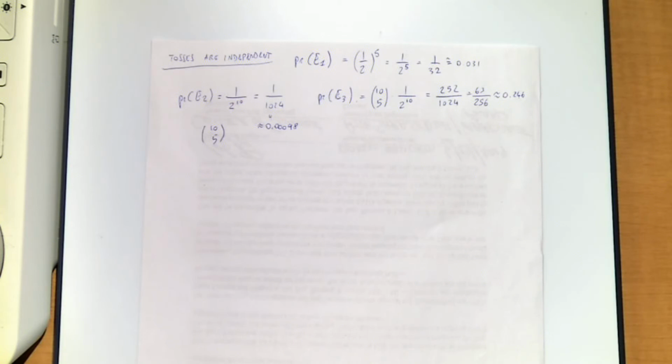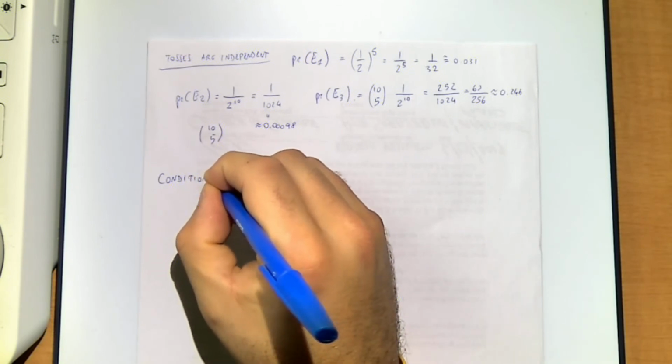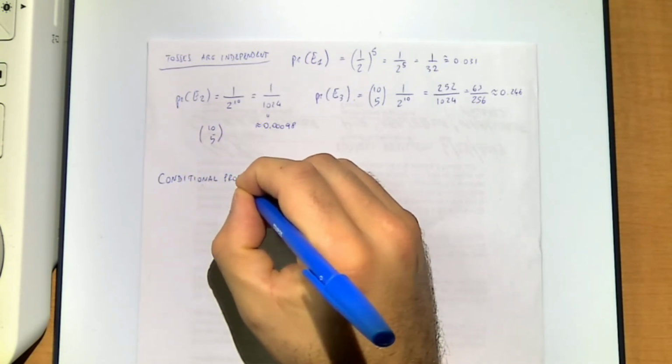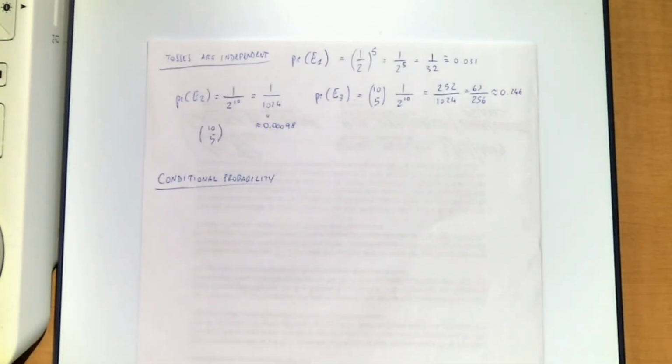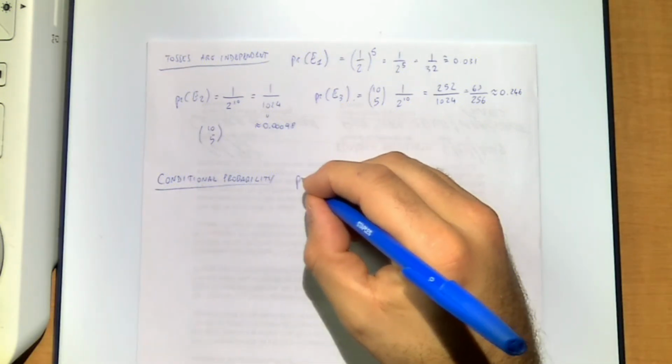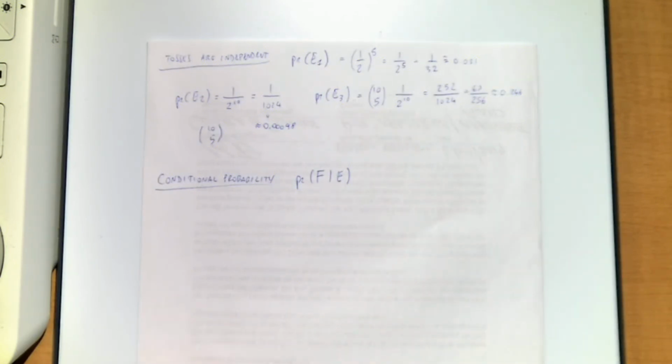And so what we were saying about F happening when E happened, there's a precise formulation of that, and it's called conditional probability, which means the probability of an event happening given that another event happened. And we write it in this way: F given E. So the vertical bar means F given E, F given that E happened.